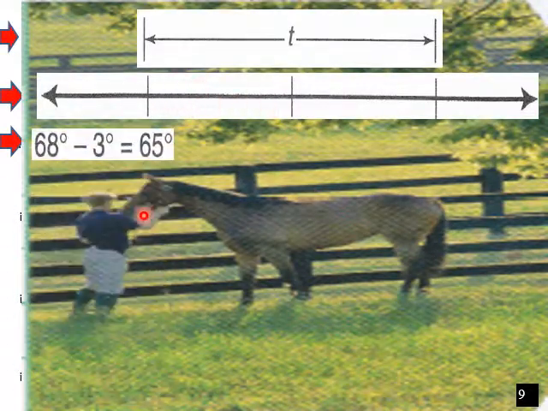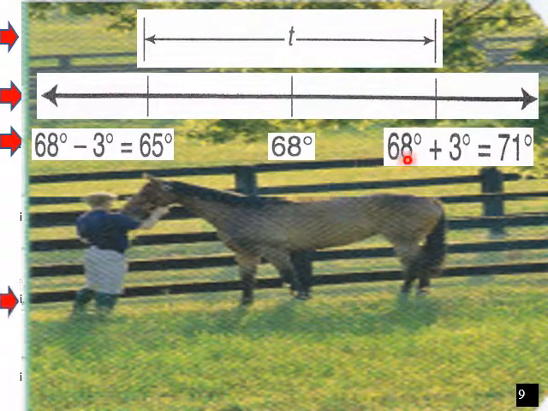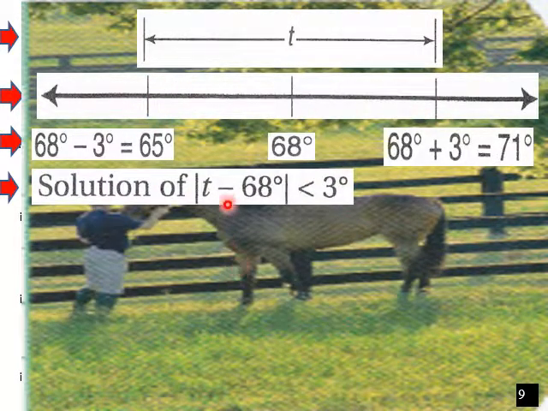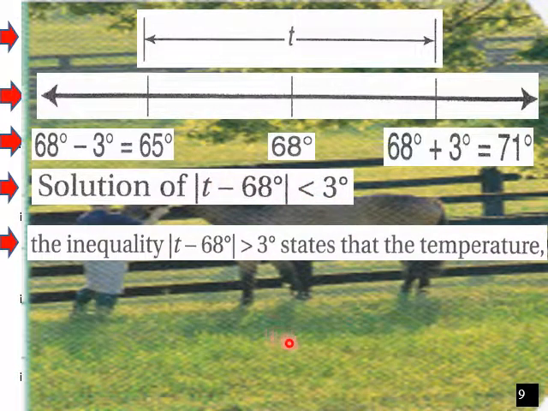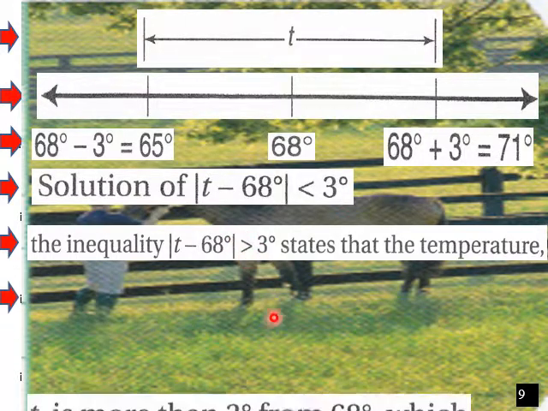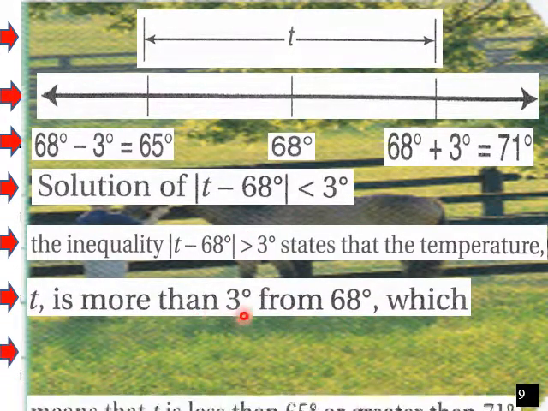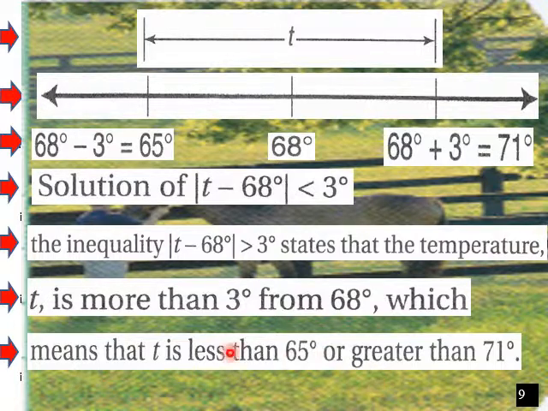So here would be a graph of this situation. 68 minus 3 would be here, 68 in the middle, and this is the upper limit and this is the lower limit. The inequality |t minus 68 degrees| greater than 3 degrees states that the temperature t is more than 3 degrees from 68 degrees, which means that t is less than 65 degrees or greater than 71 degrees.